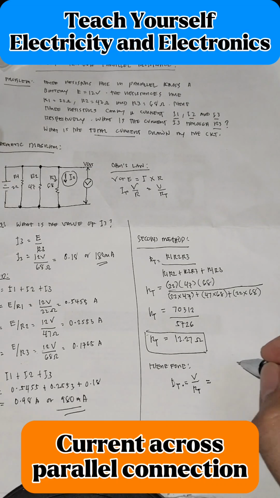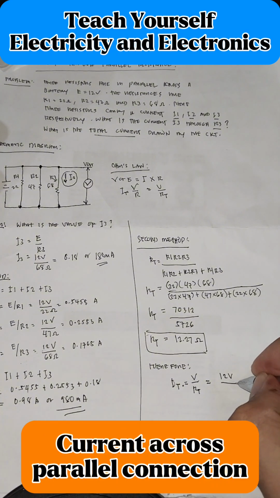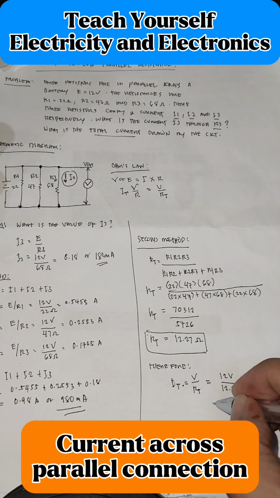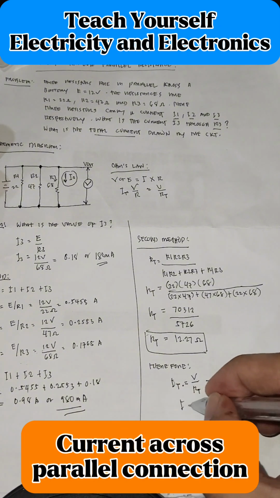The supply is 12 volts, and our RT is 12.27 ohms, which gives us approximately 0.98 ampere, or 980 milliamps.